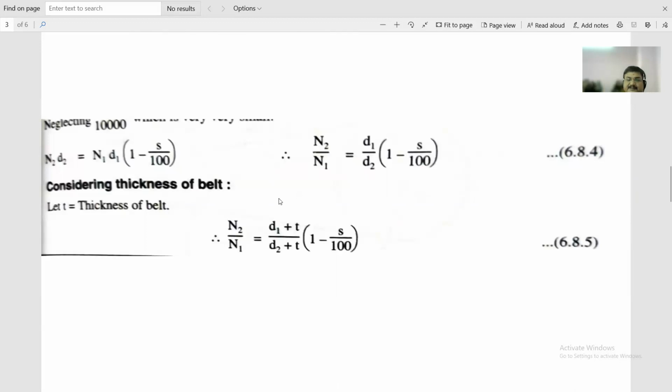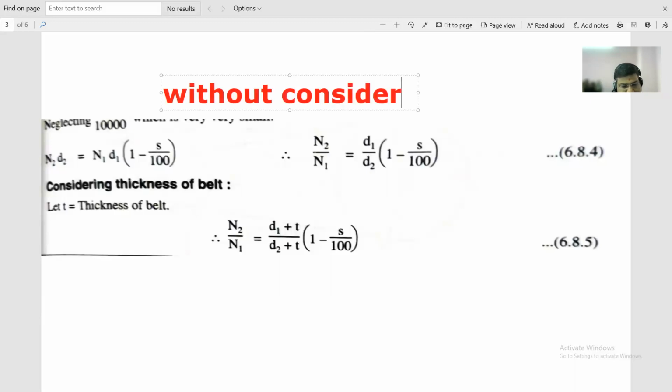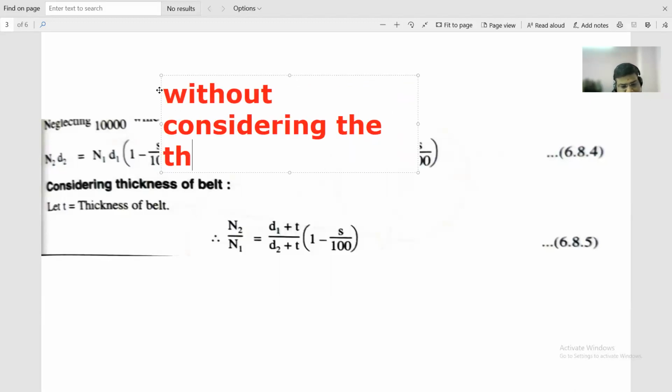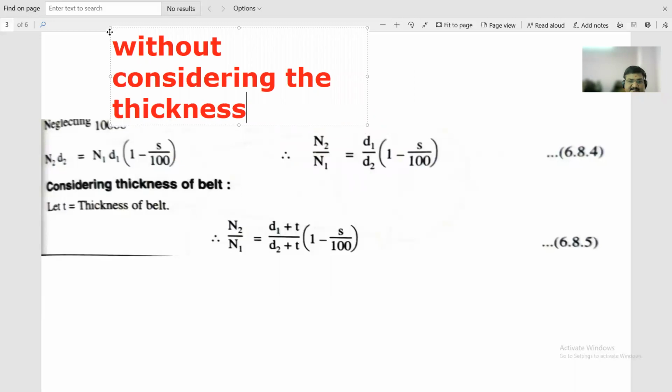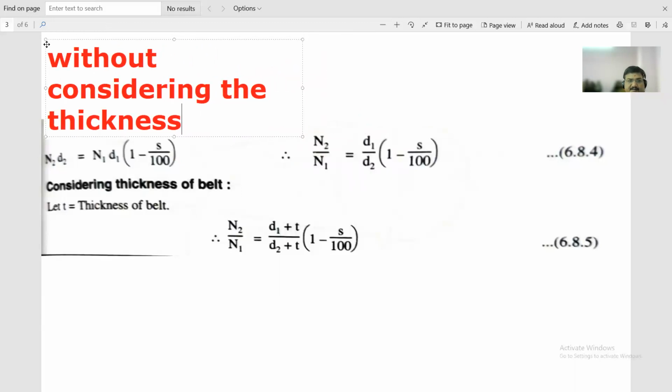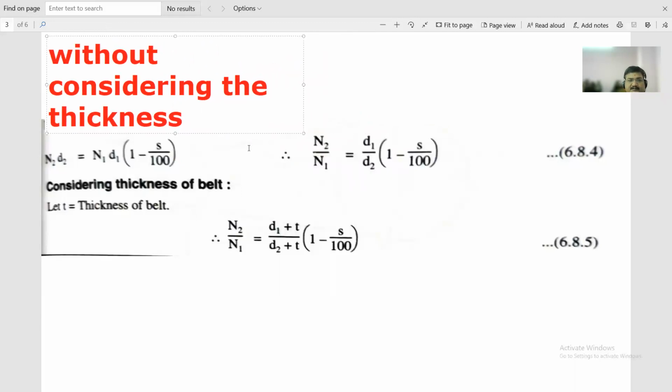तर बघा, slip of the belt, when you are not going to consider the thickness, without considering the thickness, the slip of belt you can add in the velocity ratio.